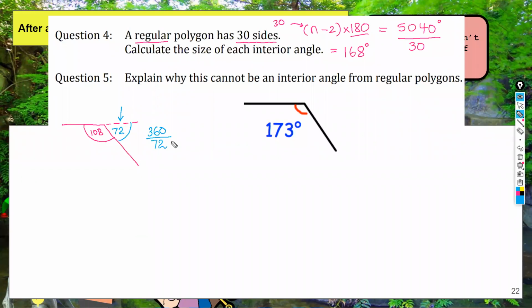Always the exterior. We did about 5 or 6 examples of that last week. So 360 divided by 72 gives us 5 sides.